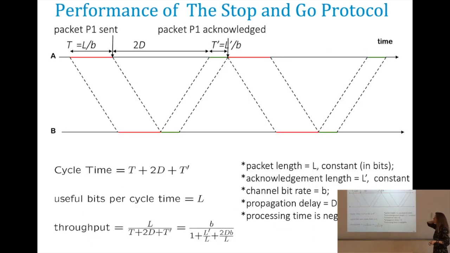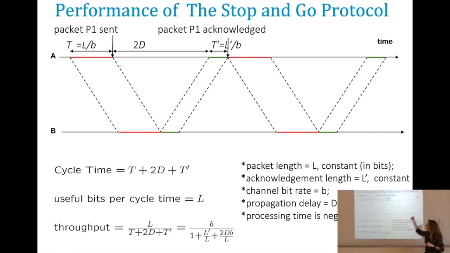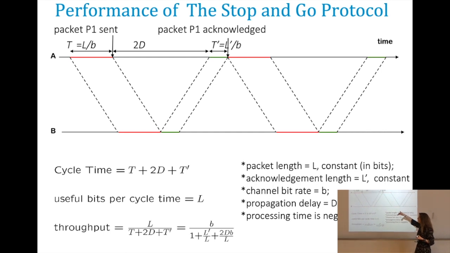So the first part of the time that this whole cycle takes is the transmission time, the size of the first packet, L, divided by the bit rate, B. This is the time it takes to put this first packet in the channel. Then we have the propagation time, the time it takes to go from A to B, which we can say is big D, the propagation delay.